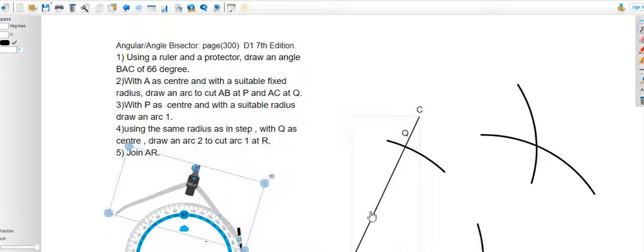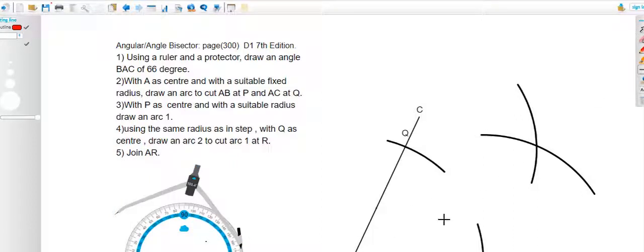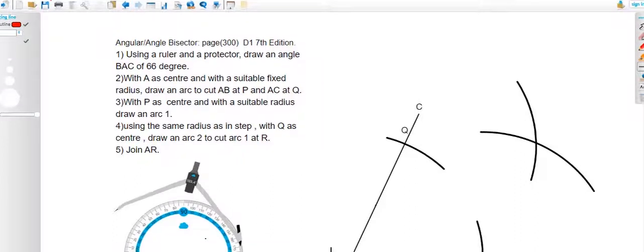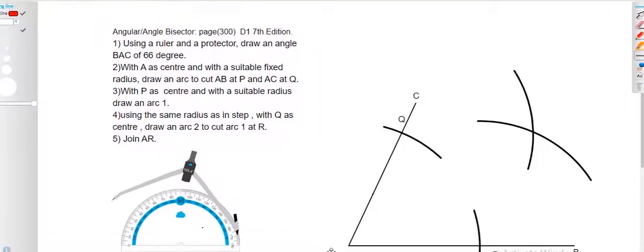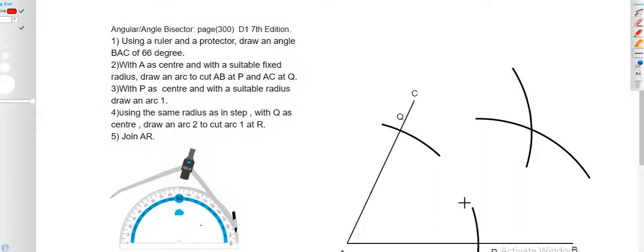This was the angle and it got bisected. Now I'll show you how. After this part, as you can see, you got an excellent intersection. Now this intersection is showing that you got the whole excellent mark.